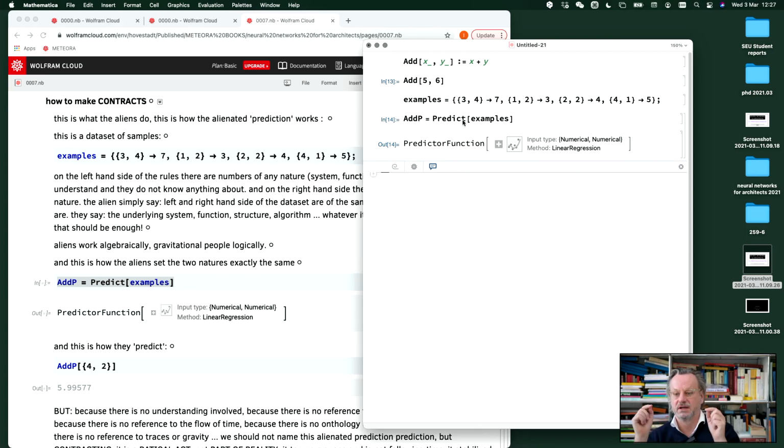Find how to make these 2 things same. So this is a function, and now I can use this predictor, alienated predictor, as we had before. So I can have, for example, 2 plus 4.